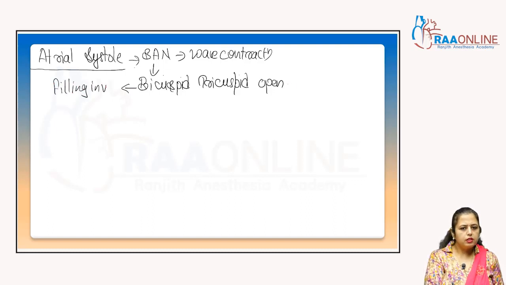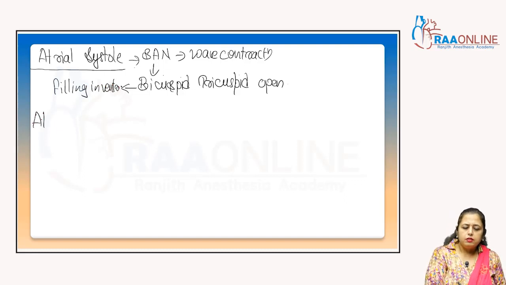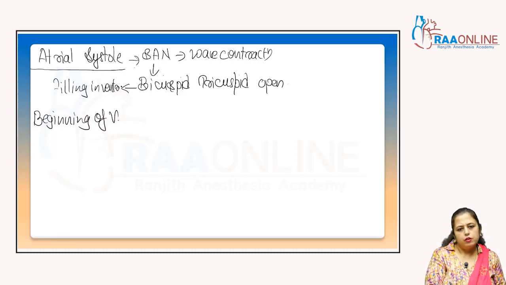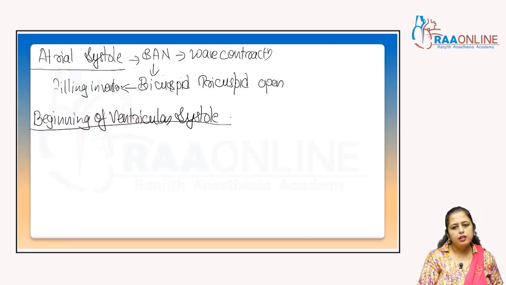This is the atrial systole, or we can say the atrial diastole begins with the ventricular systole.